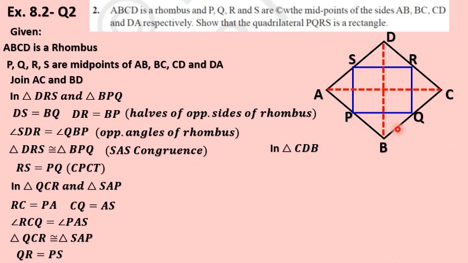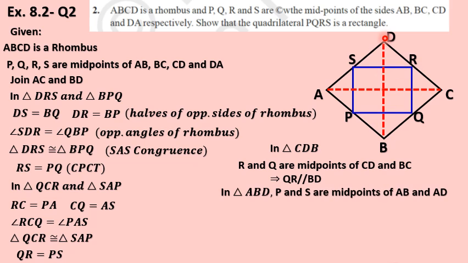Then in triangle CDB, the triangle formed by the diagonal BD, R and Q are midpoints of CD and BC. That means QR is parallel to BD.